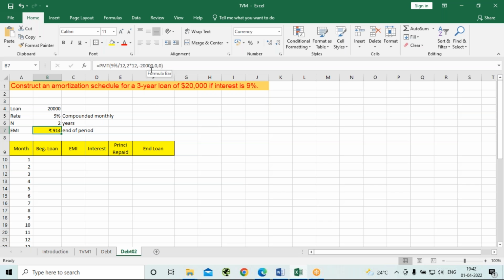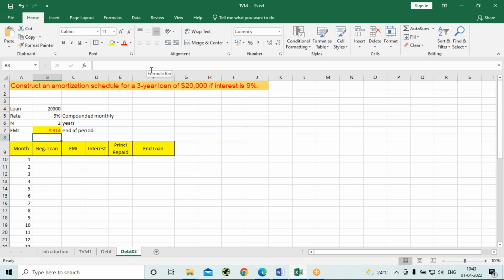It's coming in. So when it is coming in, I should not give it as minus 20,000. Yes, sir. Right? Yes. So positive. So I'll take it as plus 20,000.